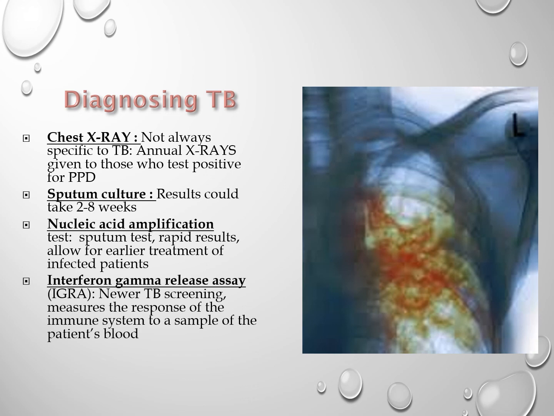And finally, there's a new TB skin test that measures the immune response to tuberculosis in a patient's blood sample. So these are just typical ways. The most common in the past was sputum cultures and chest X-rays.